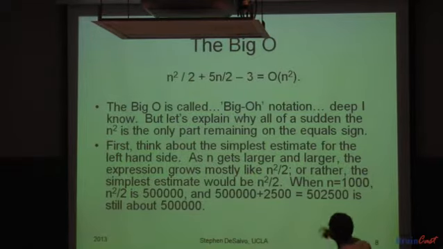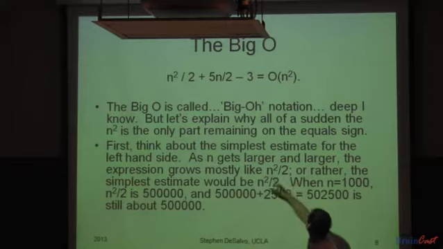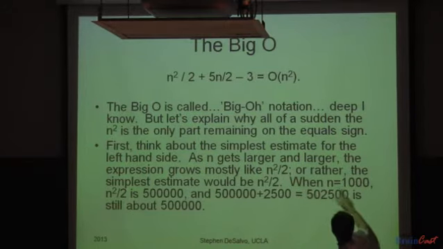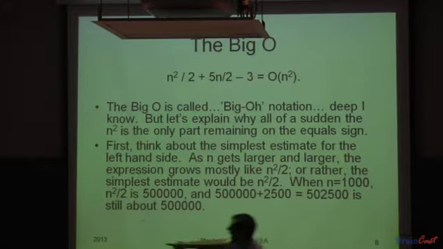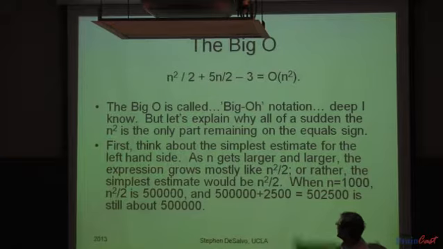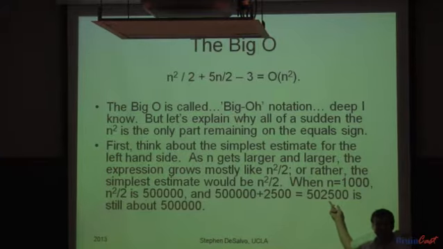So let's think about it. When n is 1,000, for example, n squared over 2 is 500,000. And the remaining terms really just kind of add a little bit of extra stuff, right?